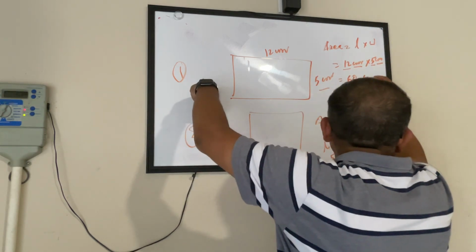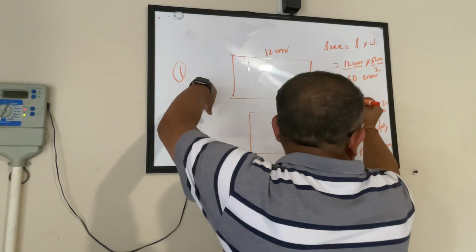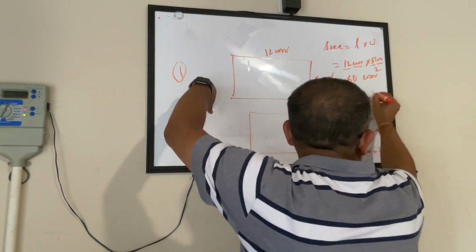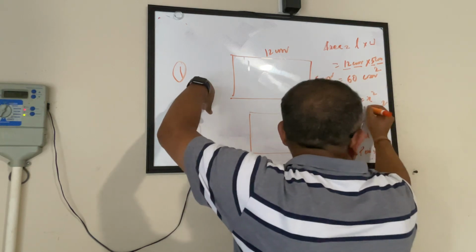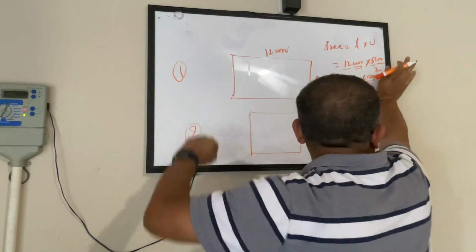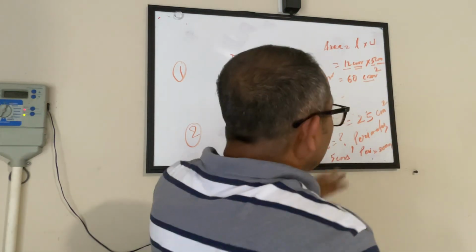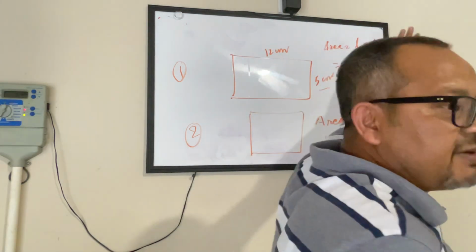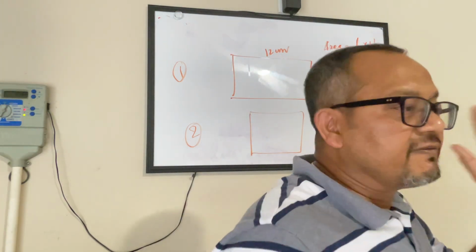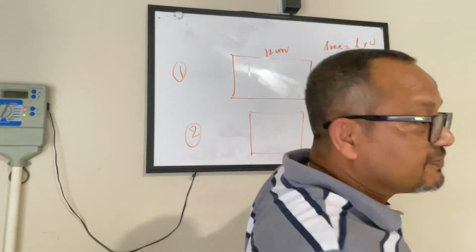Centimeter into centimeter becomes centimeter square. Like x into x is x squared, y into y is y squared, centimeter into centimeter is centimeter squared. So that is what you have to take into account. Don't ignore the unit. There might be a situation where you'll be given a question saying, okay, length is 12 centimeter, width is 5 millimeter.